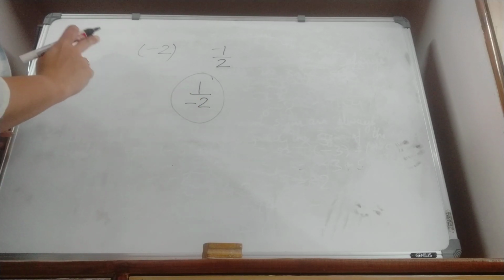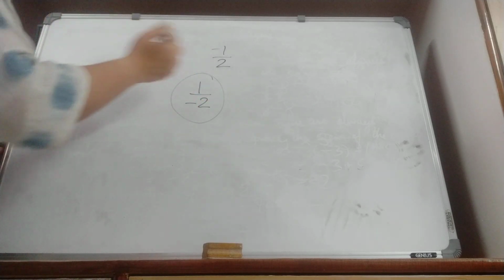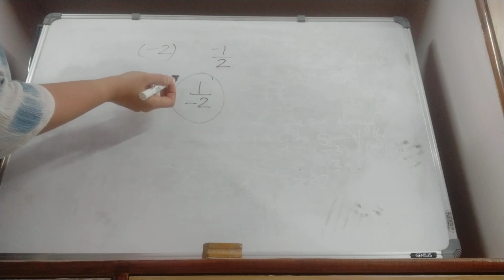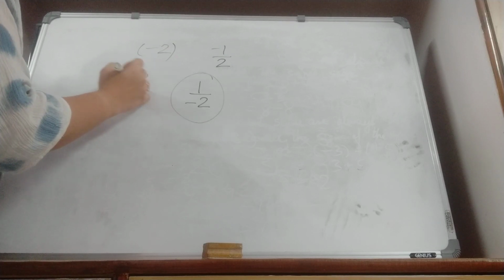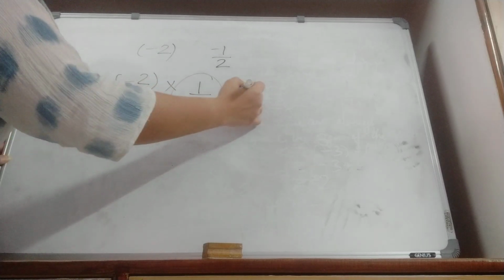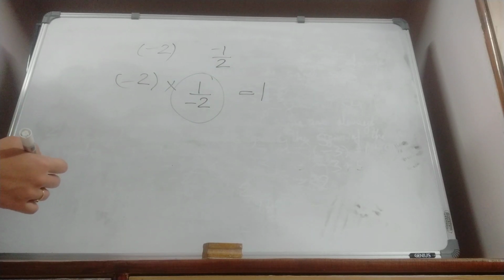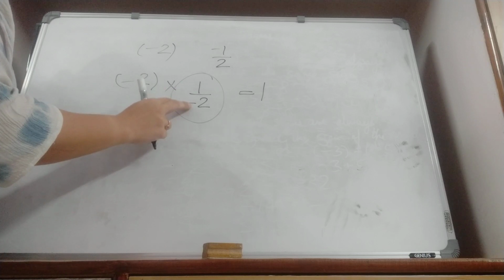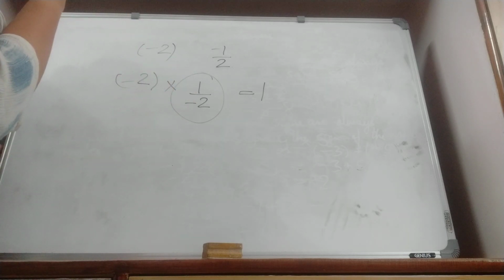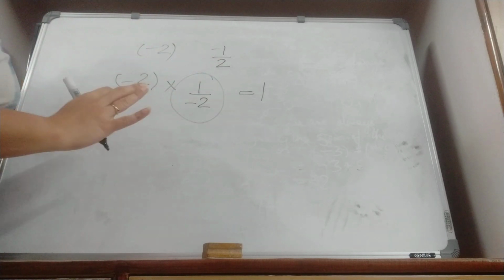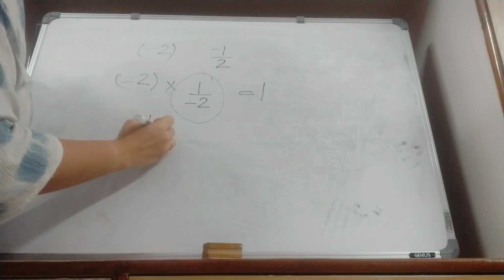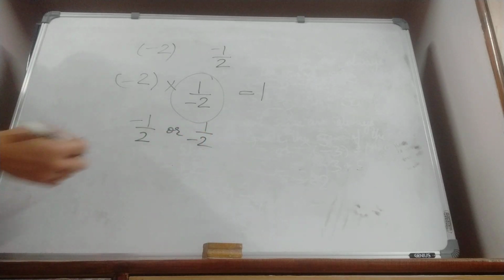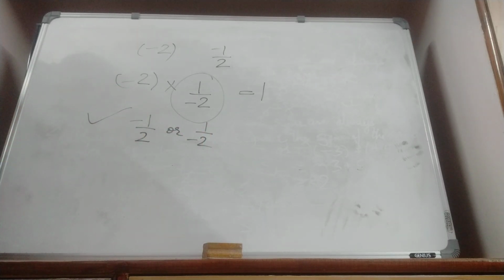Whenever you have a negative sign, we take it to the numerator. So this and this are actually equal. So we just take the sign to the numerator, and so we get -2 into this will give us the multiplicative identity, which is 1. So both of them are same, but we write the negative sign in the numerator, mentioning that yes, this is a negative rational number. So minus 1 by 2 you write, or 1 by minus 2 you write. The value is same, but we generally write this way.